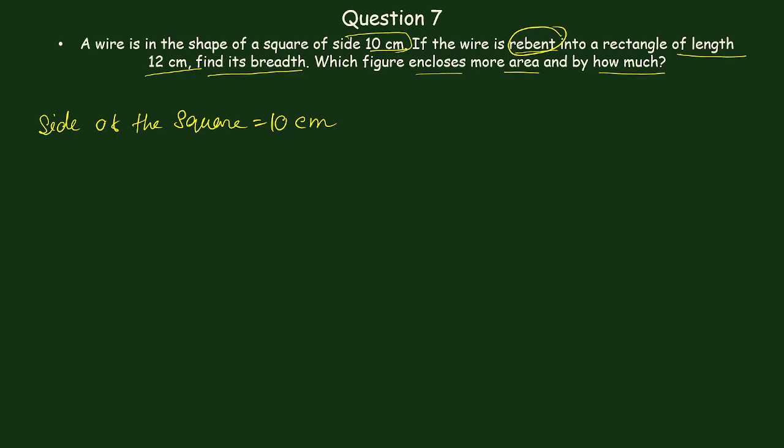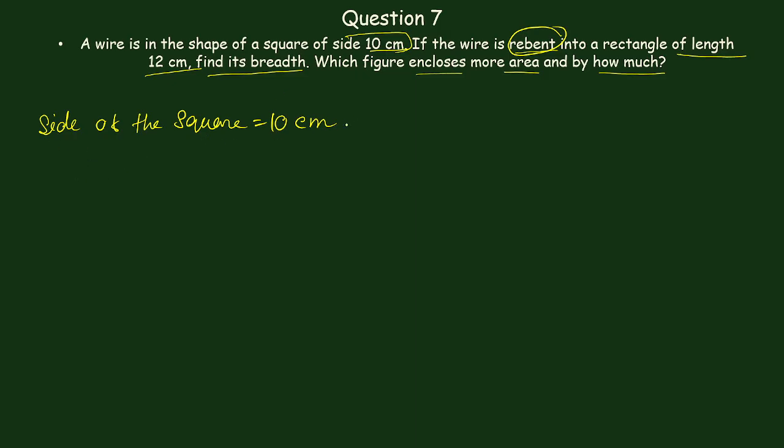As in the last question, we did the same. So boundary means perimeter, and the length of the wire is not changing, right? The length of the wire is the same. That means the perimeter of the square and the perimeter of the rectangle both are the same.